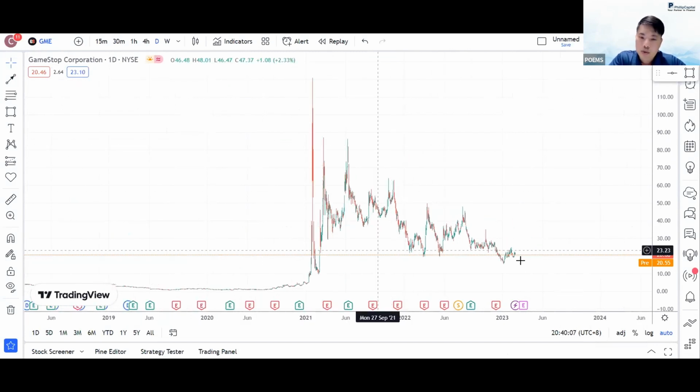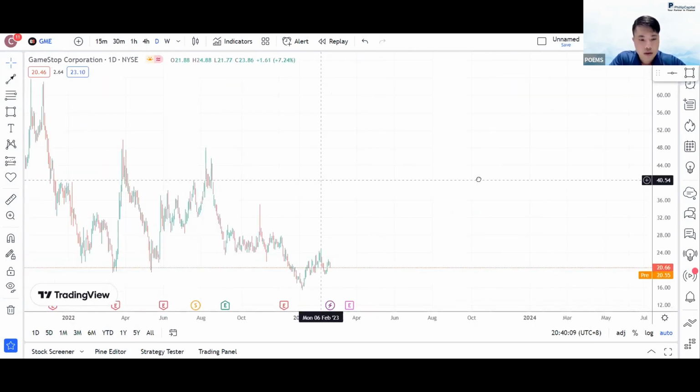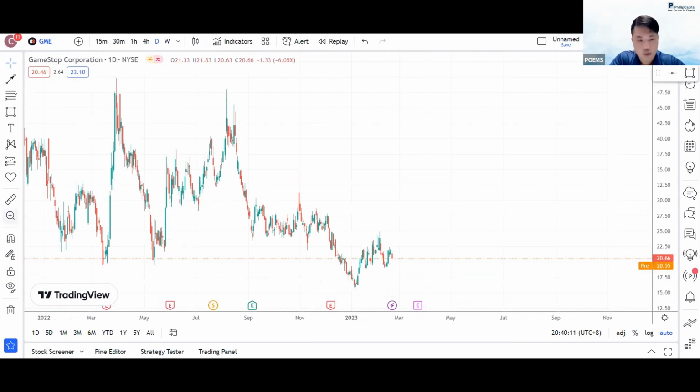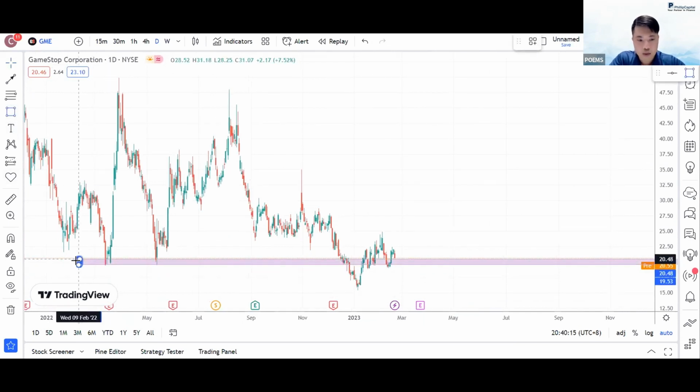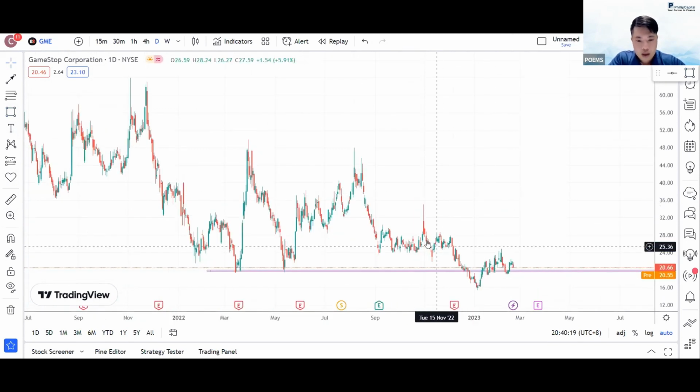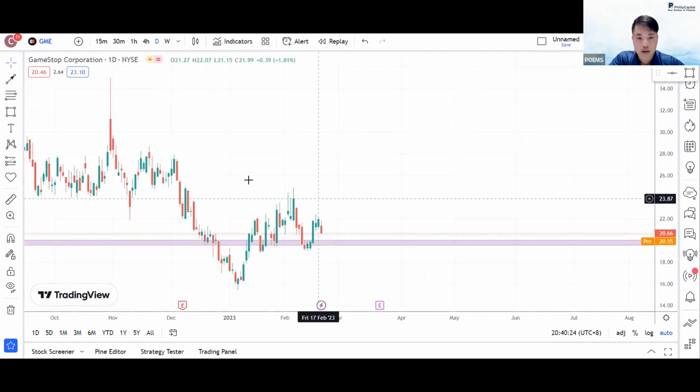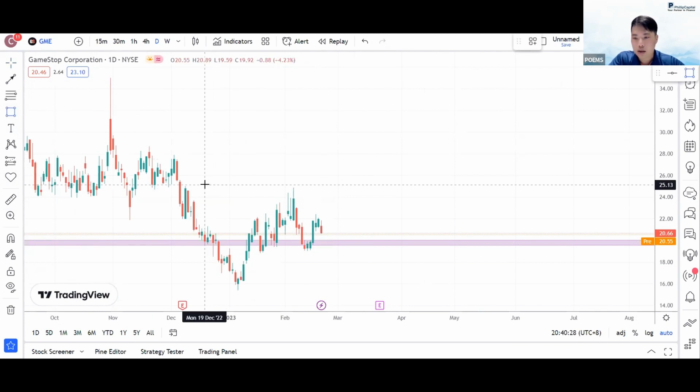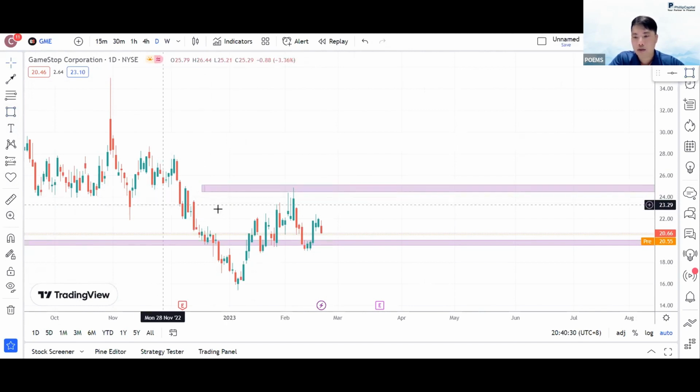GameStop is pretty much range bound. It is already sitting at the immediate support of 19.75 to 20. It tried to go down, then did a fake out and formed another small minor range here. You realize that immediate resistance would be somewhere around 25.